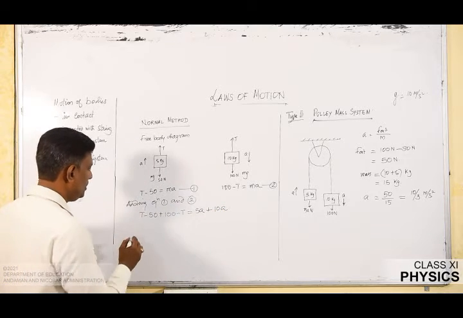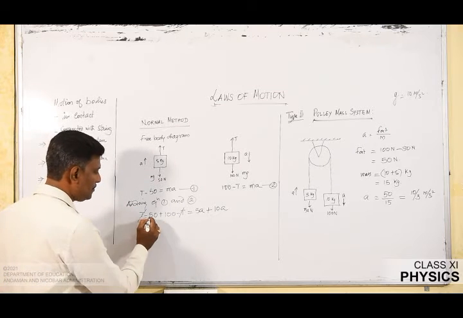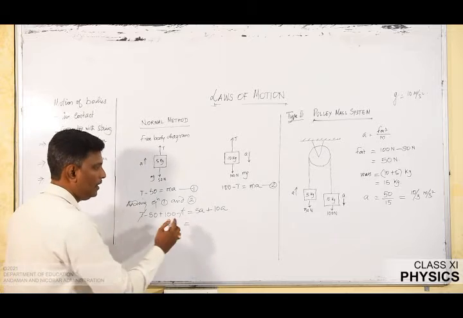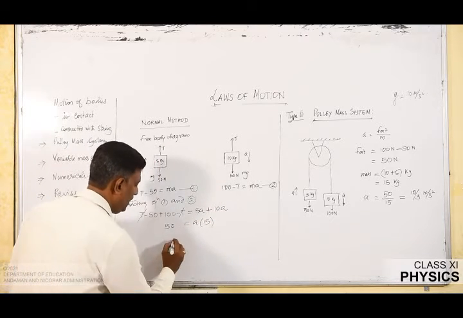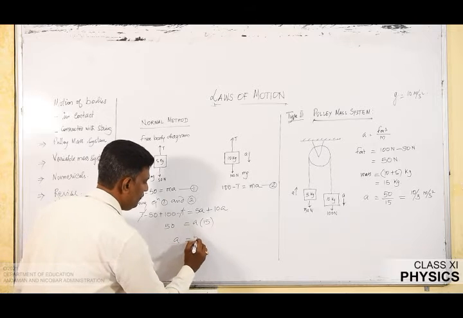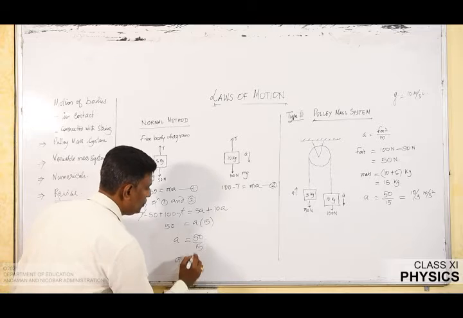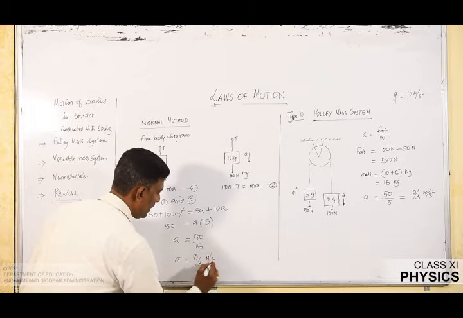Okay. This T will get cancelled. 100 minus 50, that is 50 is equal to, taking a common, we will be having 15a. So a is equal to 50 by 15. So a is equal to 10 by 3 meter per second square.